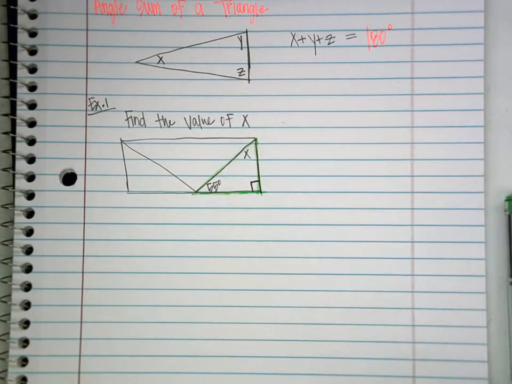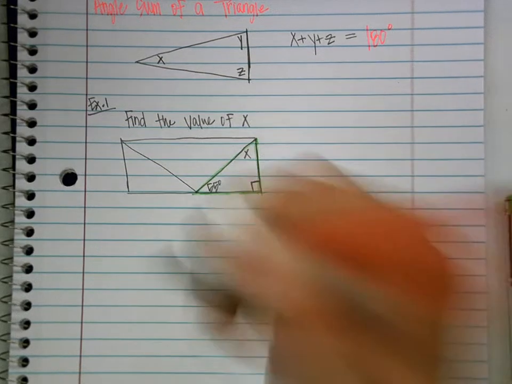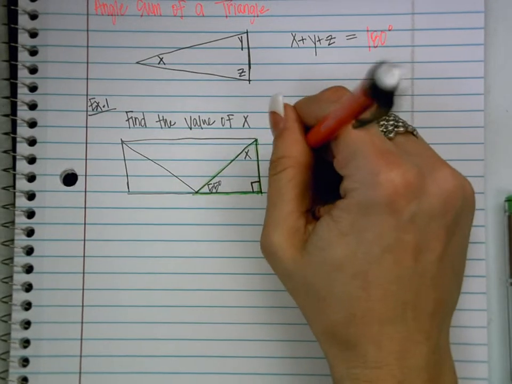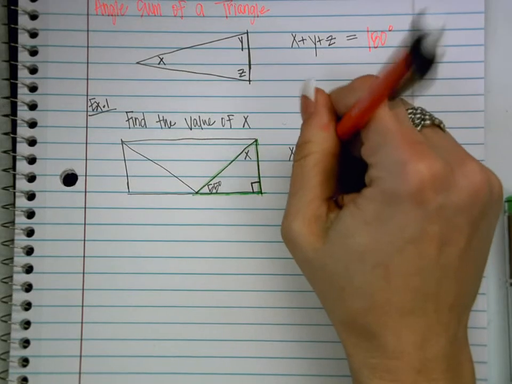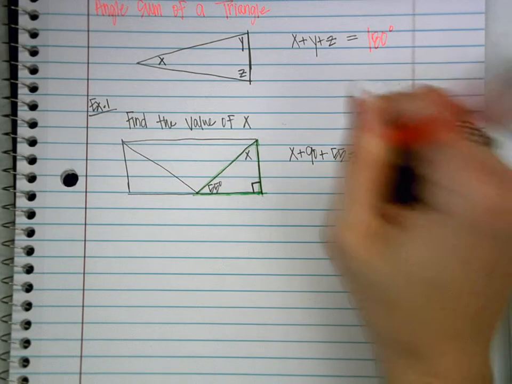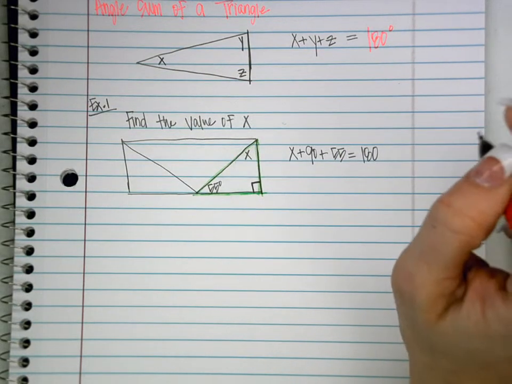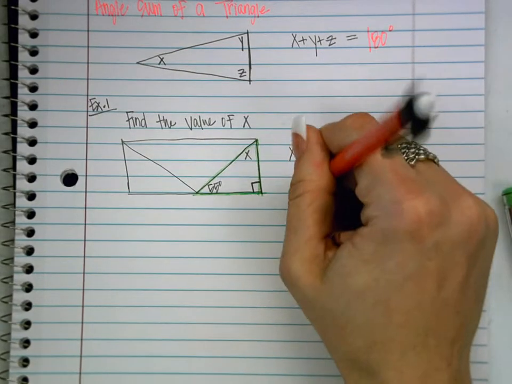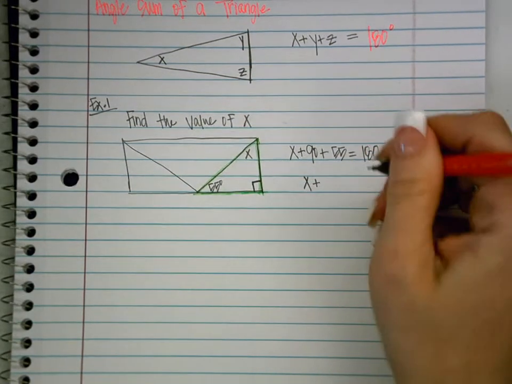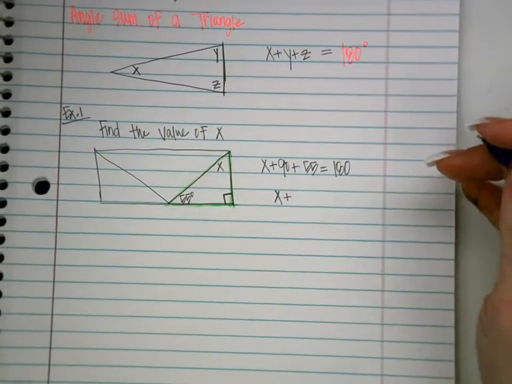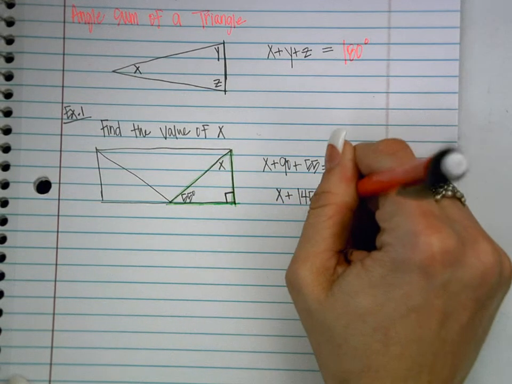We already know that all of those angles added together equal 180. So if you set up an equation, X plus, what's a right angle always equal to? 90. Plus 55 equals 180. Then we can solve. What's 90 plus 55? 145 equals 180.